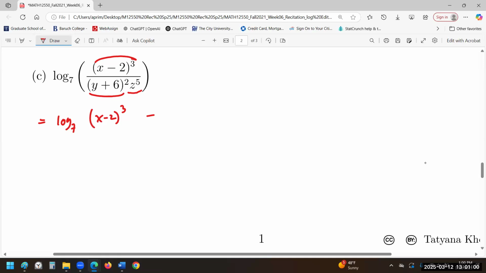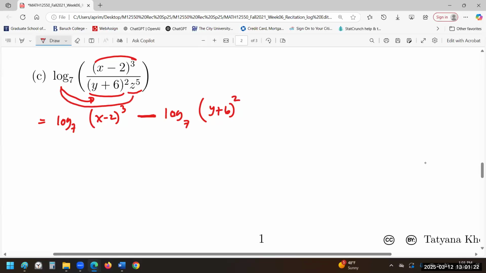Anytime you distribute your log on the denominator, that term has to be minus. So the second term is minus, and we distribute the log to the first one. We get log base 7 of (y plus 6) to the power 2.